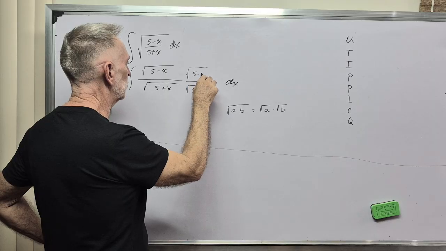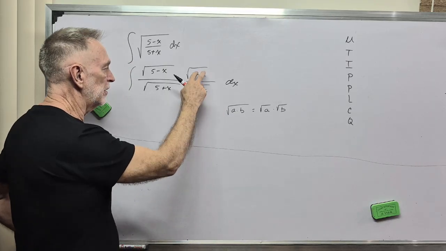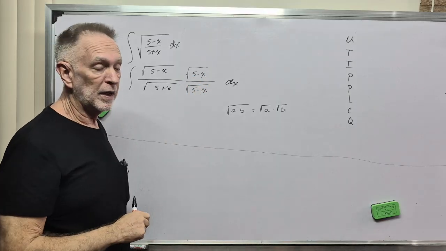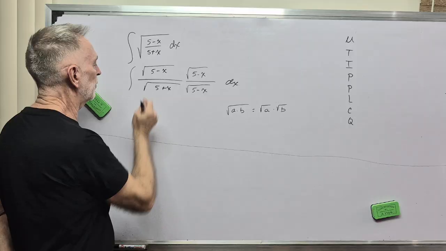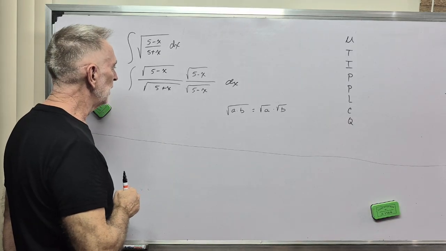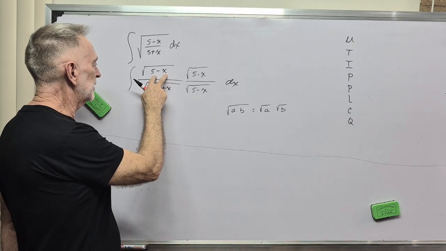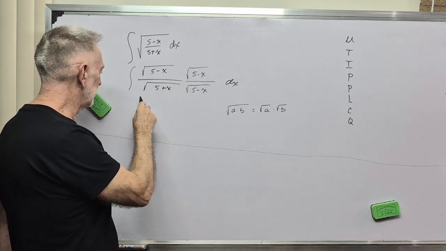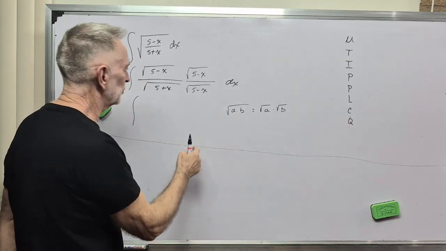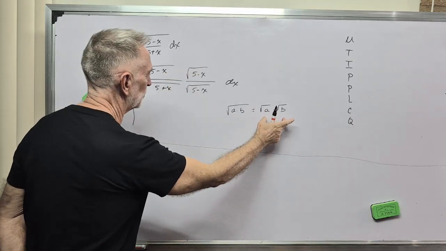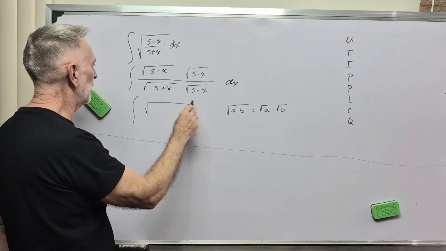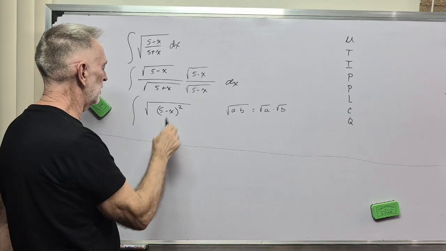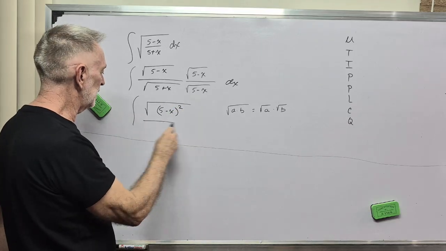Of course, I can't just multiply the denominator, but the square root of 5 minus x divided by the square root of 5 minus x is 1. Putting them both under the radical, I have 5 minus x squared, and the square root of that is 5 minus x.